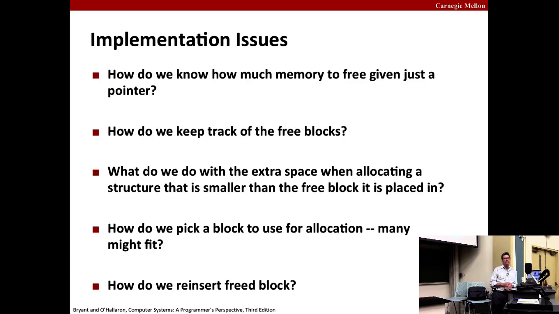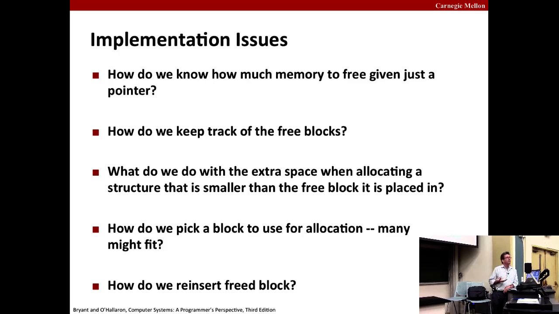How do we keep track of all the free blocks? When we're satisfying an allocation request, we're going to look for a free block that is larger than the requested size. So what do we do with the extra space in the block? Do we just keep it in the block, and suffer some internal fragmentation? Do we split that block into a smaller block?